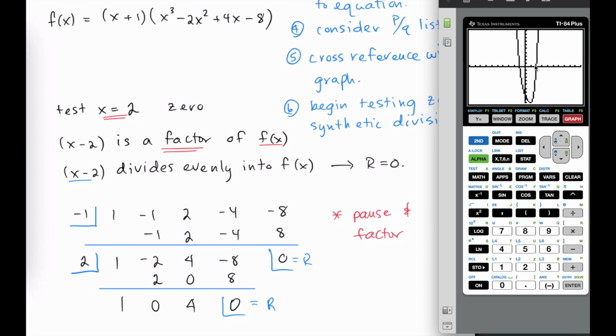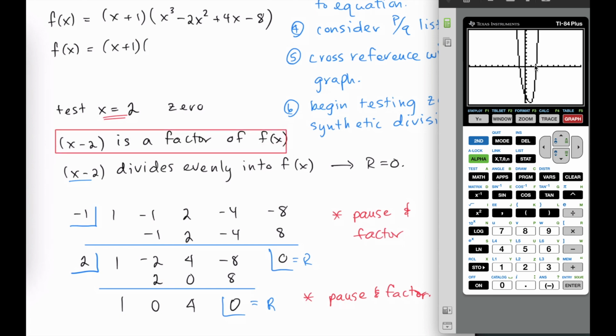And every time we get this confirmed 0, we want to pause with the synthetic division and continue factoring the polynomial. So we copy-paste the x plus 1 factor, and we just confirmed that x minus 2 is also a factor of the polynomial. And when we divided the x minus 2 out using synthetic division, the other factor is going to be the quotient that resulted from that division.